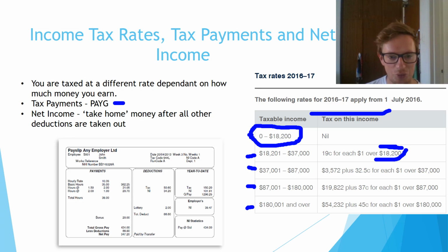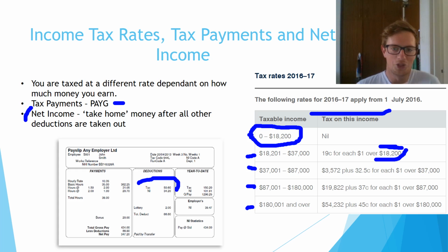The next part, the tax payments. You'll see down on this pay slip that the tax deductions for John Smith, right here under deductions, this first part, tax. That's how much tax John has had to pay. He doesn't actually physically pay that. It comes straight out of his pay before he gets it. Now this last one, net income.